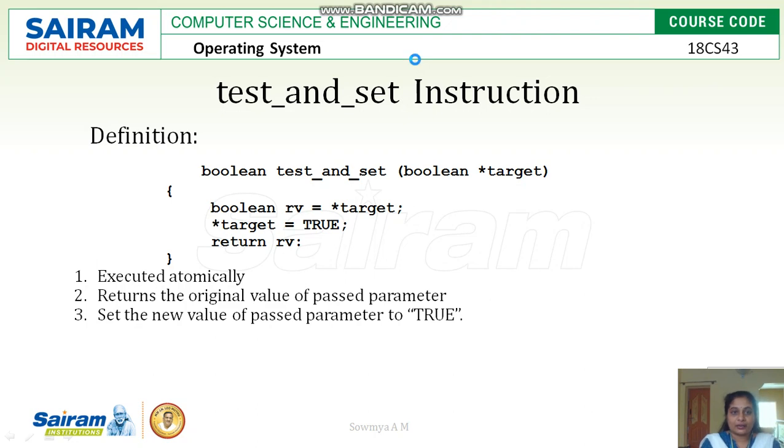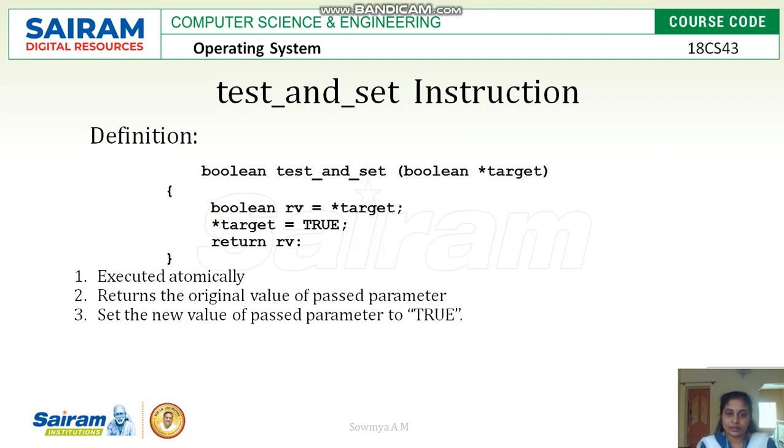Next we have the test and set instruction. To use test and set for synchronizing the hardware, there is a boolean function whose return value will be boolean, only 0 or 1.